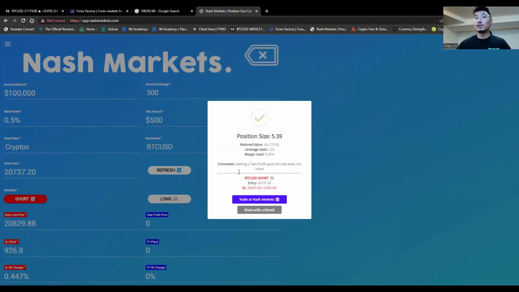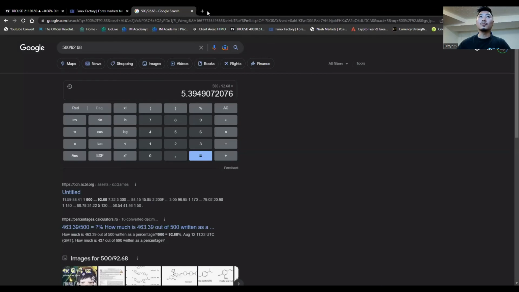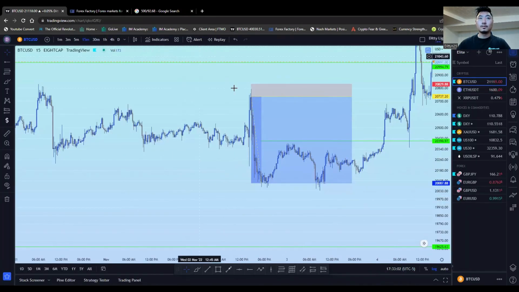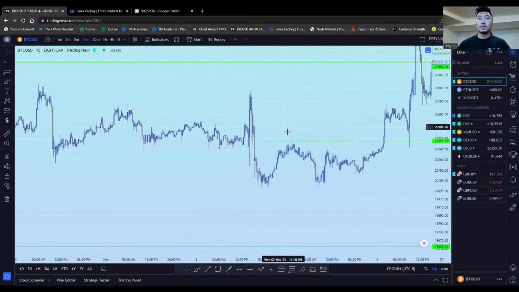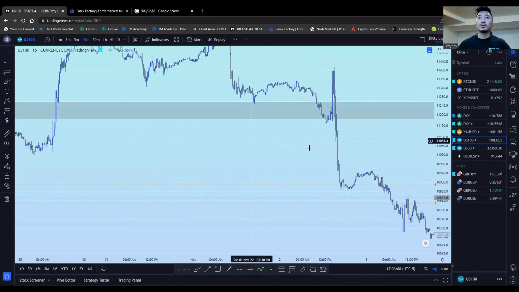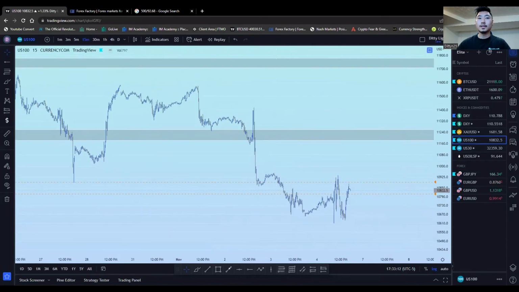Okay, so you can use Nash Market for BTC, gold, and also Forex if you have a FTMO account that you trade on. Okay, so I'm gonna remove that and then go on US 100. US 100 is NASDAQ, all right?